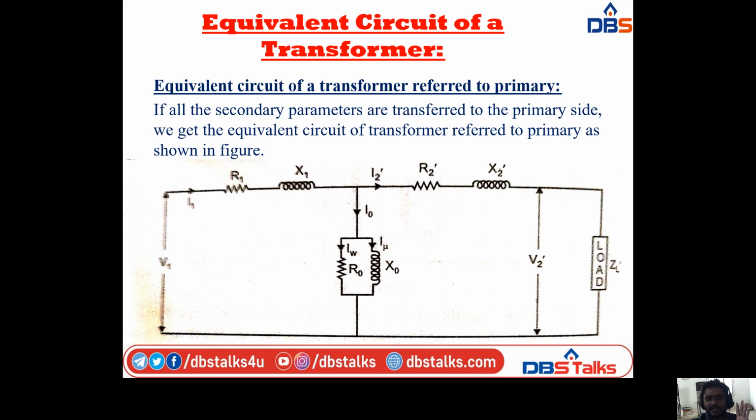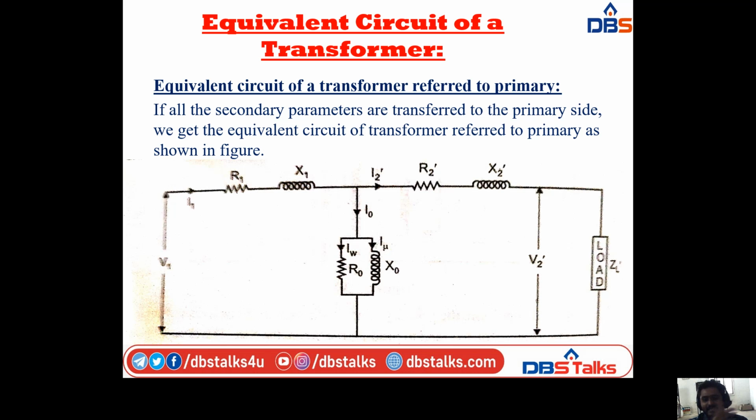Coming to the equivalent circuit of a transformer referred to primary. The diagram is like this. In this one, if all the secondary parameters, that is R2, X2, V2, ZL, are transferred to the primary side, we get the equivalent circuit of the transformer referred to primary.